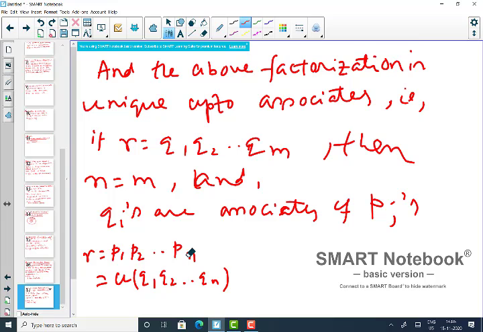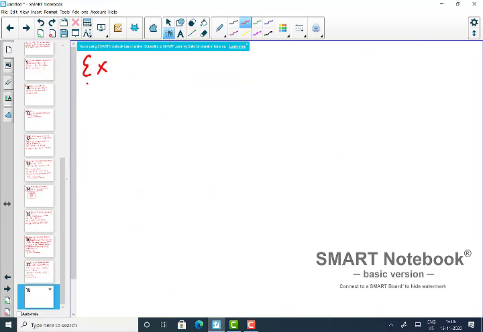Okay, so for example, as I was saying, the ring of integers. That's why you see that prime numbers and irreducible numbers are the same, because we are going to prove that inside a UFD these are the same. Then you have the polynomial ring, which is also a UFD. You can write any polynomial as a product of smaller polynomials.